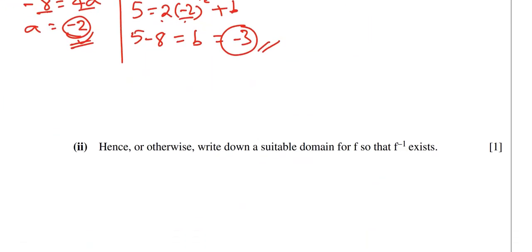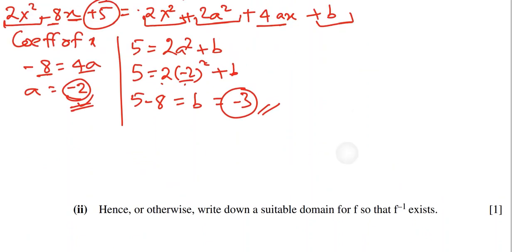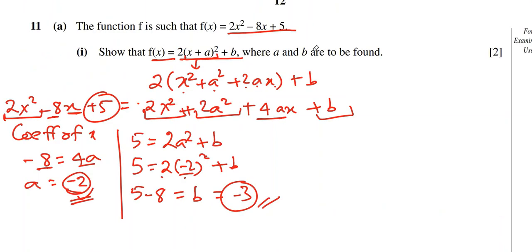Hence or otherwise, write down the suitable domain for f so that f inverse x exists. So let's rewrite the previous question we got when we converted it. Here it is.